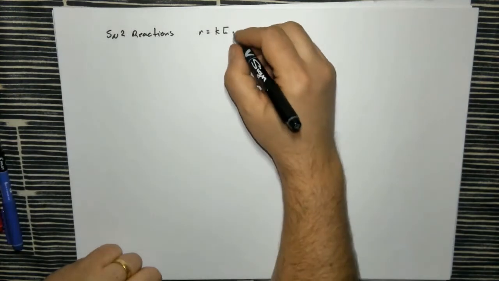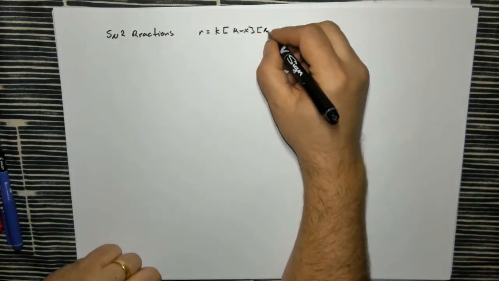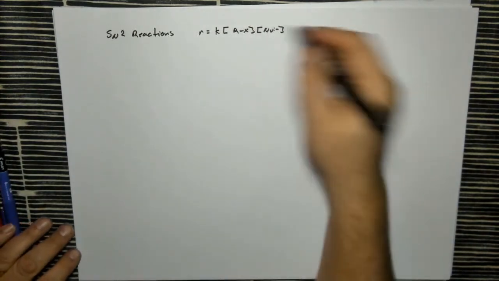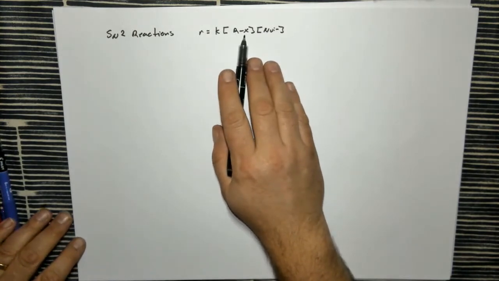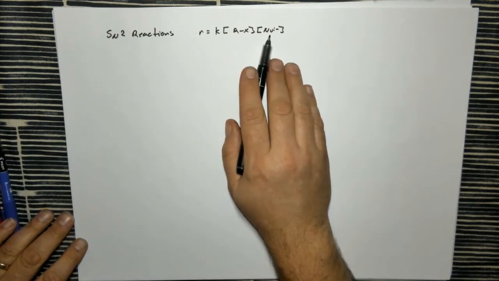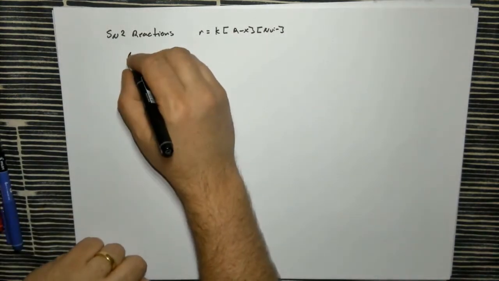This is going to be Rx times the nucleophile, right? Here, both the original molecule with the substituent on it and the nucleophile are represented because you need both of them for the reaction to occur. So there's no dissociation.